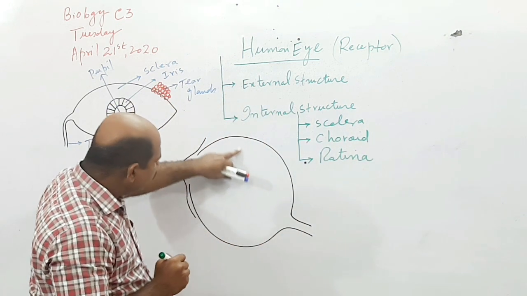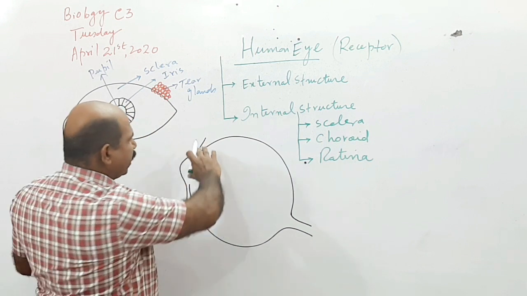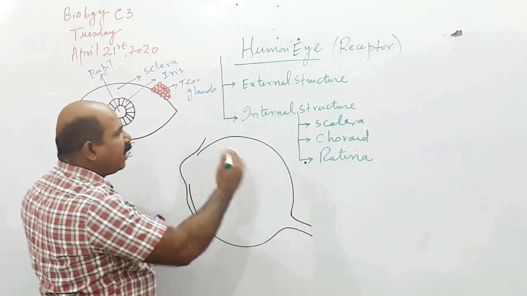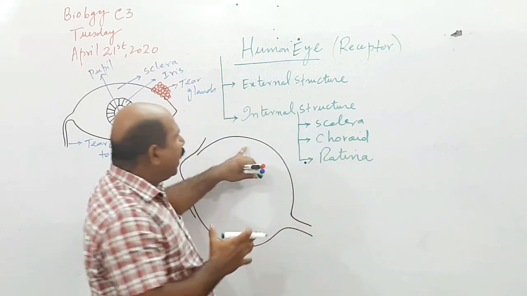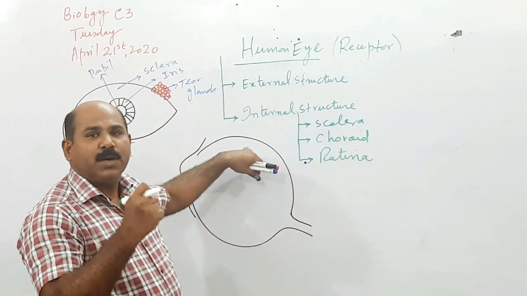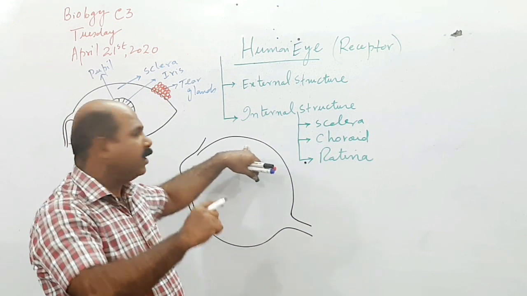We will draw all these layers one by one in this diagram. This one, the sclera, is basically the outermost layer, and the outermost layer is opaque as well. It does not allow the light to enter.